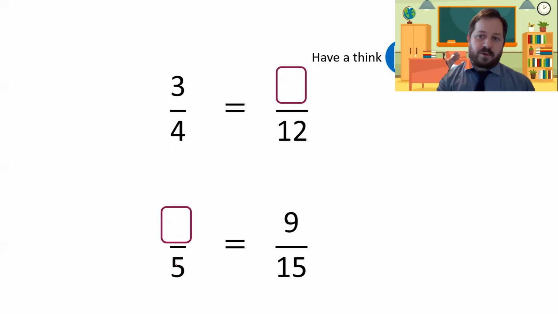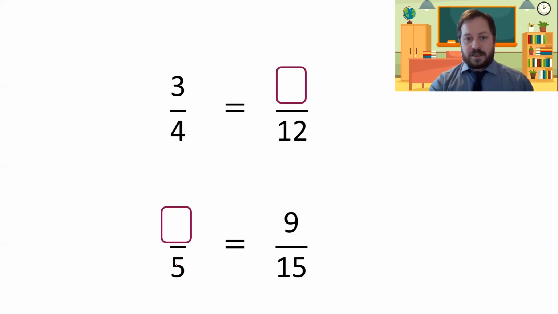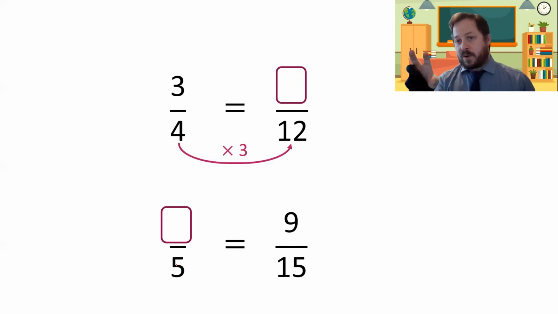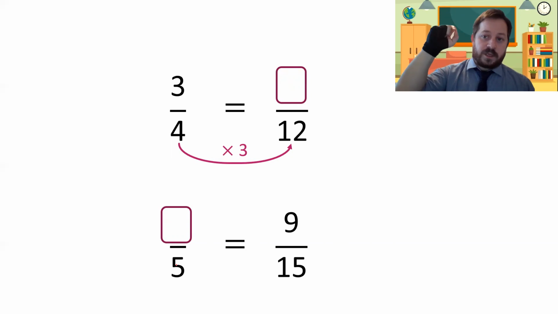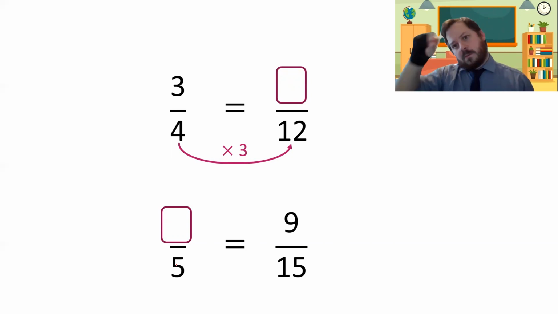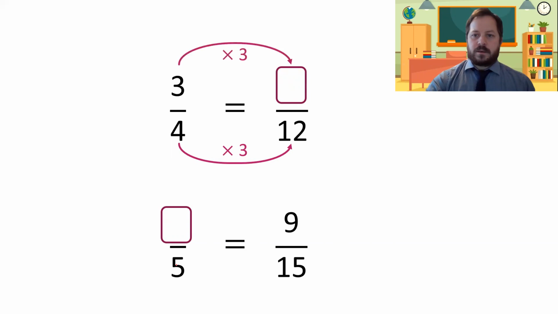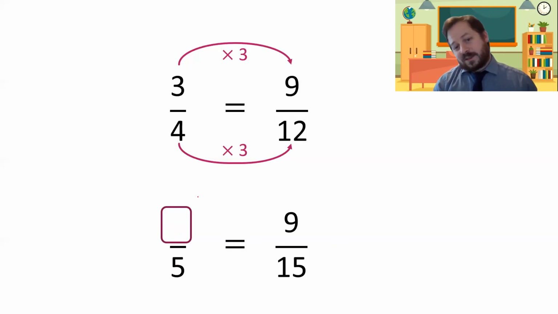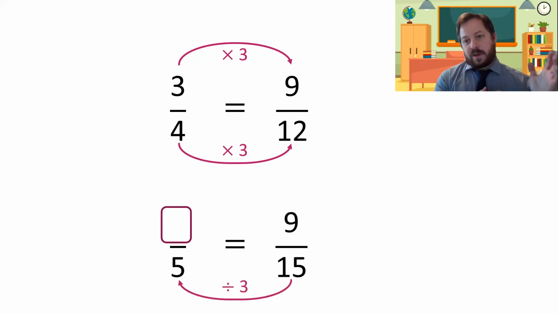Okay, so we've got to remember our rule, what we are doing in order to get to the answer. So in the top case, we're timesing the denominator by 3, which means we must times the 3 by 3 as well, which gives us 9. Now, this bottom one's slightly more interesting because we're missing this part here. So I can't times because I'm timesing from something I don't know. So we work the other way. If we're dividing by 3, that's a relationship between 5 and 15.